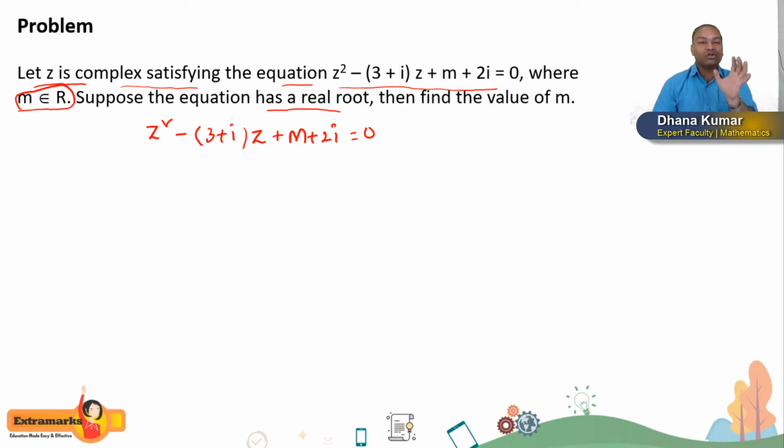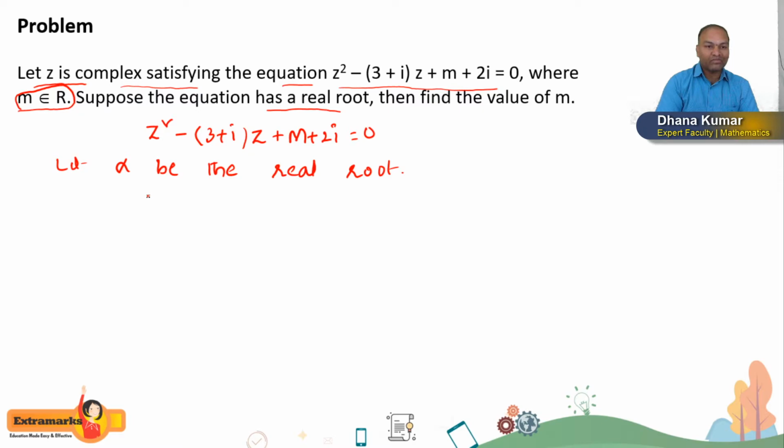Let us say, I am assuming, let alpha be the real root. So alpha is a root of this equation, means alpha satisfies this equation. Correct or not? Right. So put z is equal to alpha.